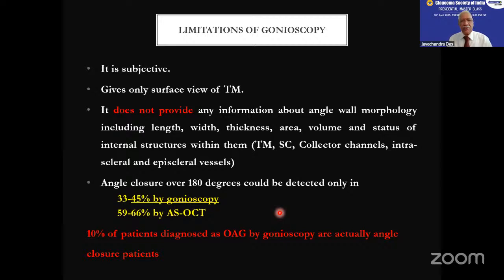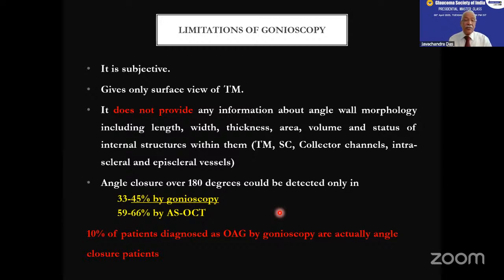It is just subjective and will give a view of the surface of the trabecular meshwork. It doesn't provide any information about the angle wall morphology. Angle closure over 180 degrees could be detected only in nearly 45 to 50% of cases.